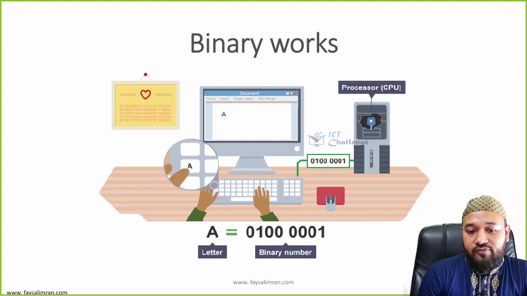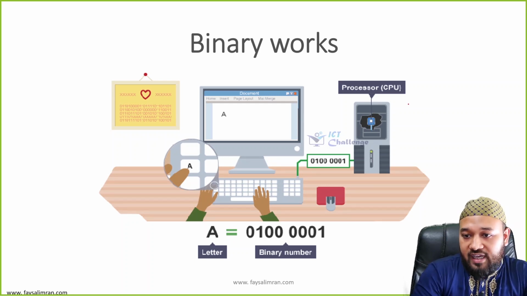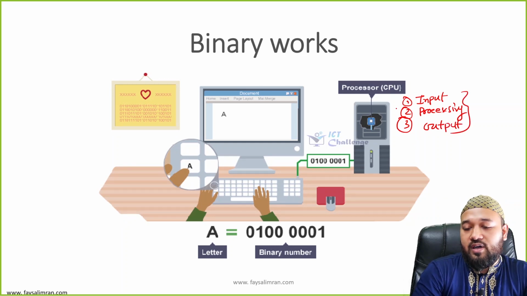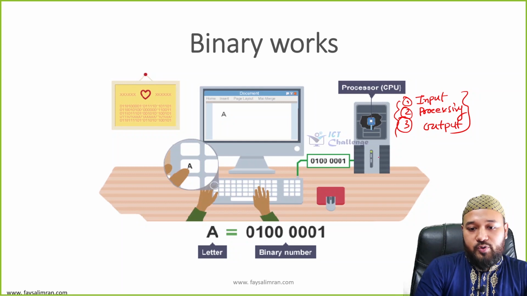If we input a from our keyboard, then we know that a device has three different parts. One is input, second is processing, third is output. Not only a device, but every single thing works this way: input, processing and output. If I input a, then the device keyboard converts it to binary language, then the CPU gets this binary and understands it.